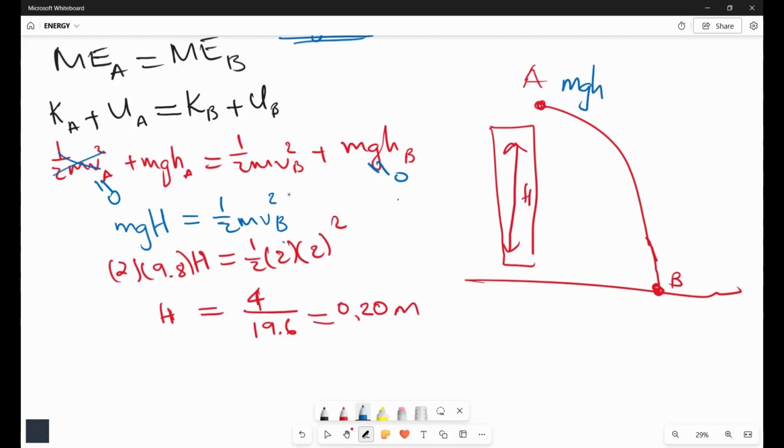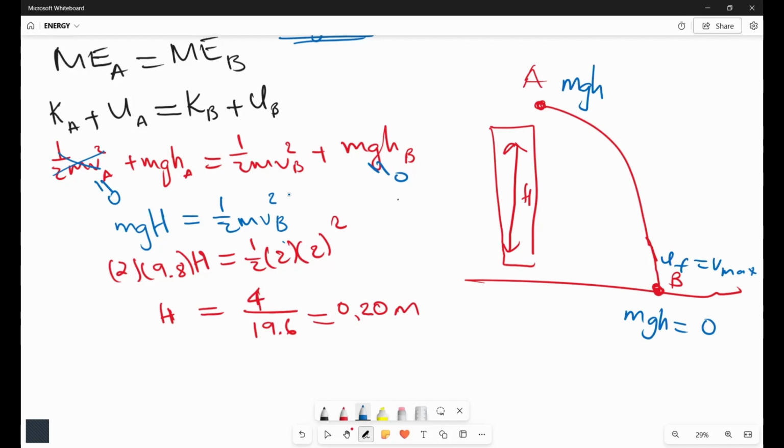Potential energy is there because we have a vertical height. But here, our MGH is equal to 0. Why? Because our height here is 0. Again, but the final velocity here, let's say it is Vmax.